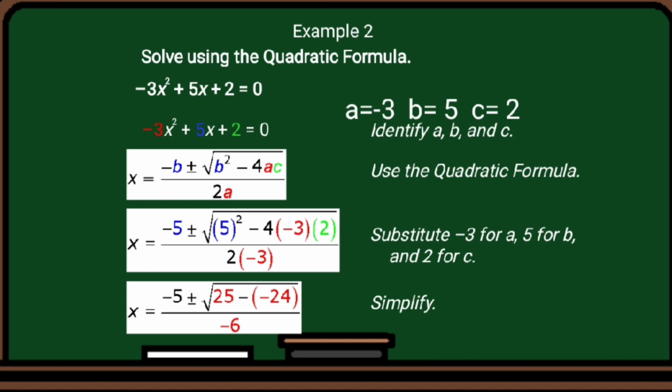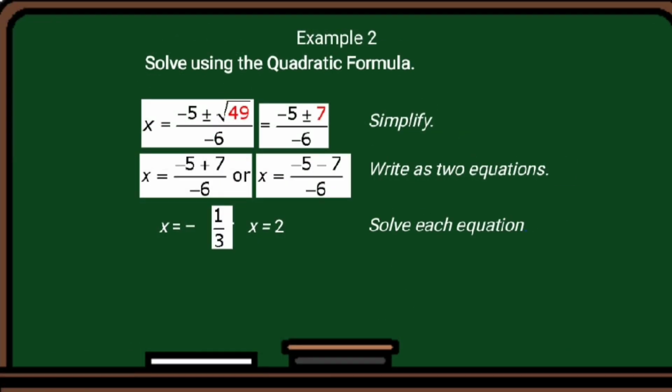Then, let's simplify. X is equal to negative 5 plus or minus the square root of 25 minus negative 24 all over negative 6. Then, we simplify now. X is equal to negative 5 plus or minus the square root of 49 all over negative 6.